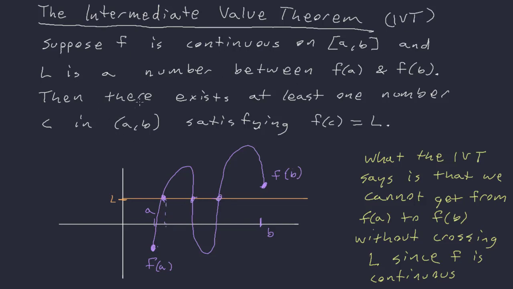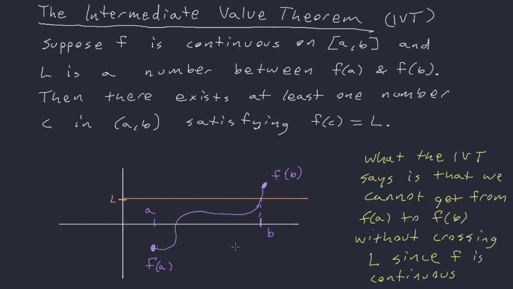But all it's saying is that there exists at least one number, C. There could be more. There could be a C1, a C2, a C3, etc. So basically, there's no way we could get to f of b without crossing this line.